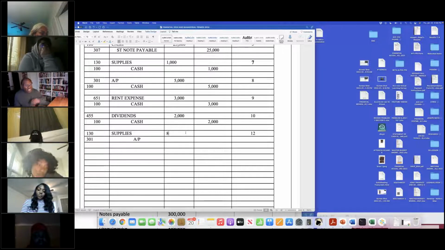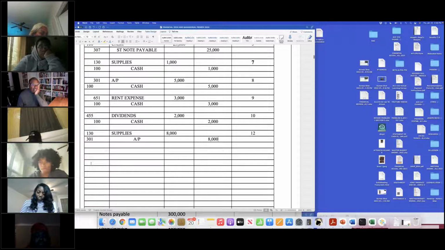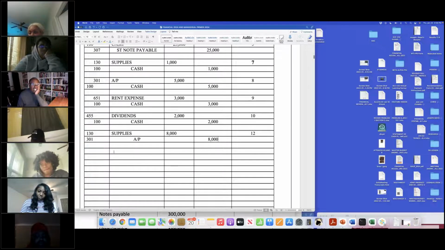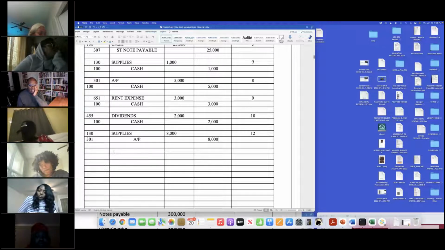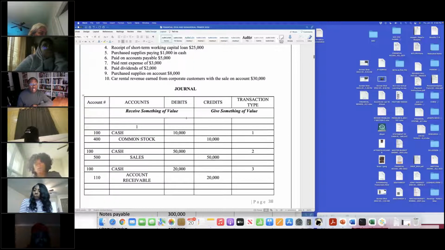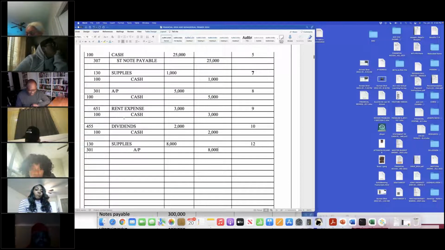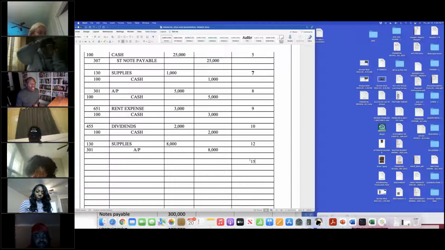And finally, what's this last one? It's a type 15, so we had a sale on account. We're going to debit what? Accounts receivable.